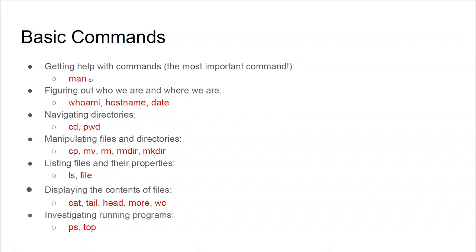Then it will display in the terminal usage instructions, information about how the command behaves, and places to go find further information. I don't have enough time to go through this in detail, but I'd recommend that you try this out yourselves. Go look at the man page for different commands and see the listing of all the options and how the syntax of the command is supposed to operate.